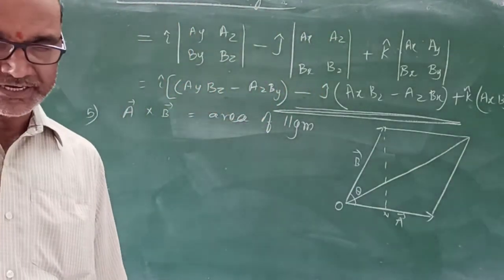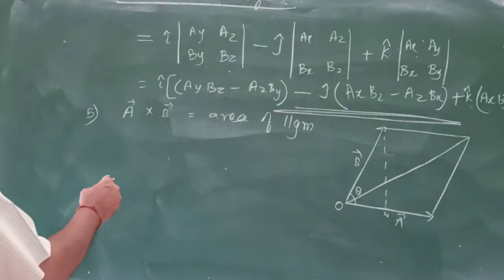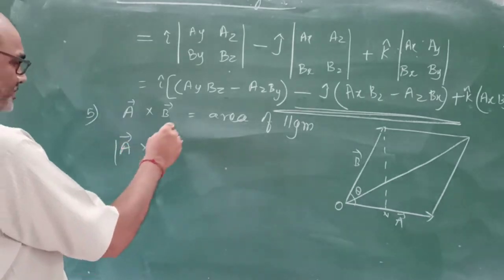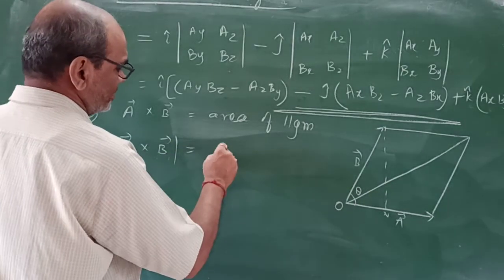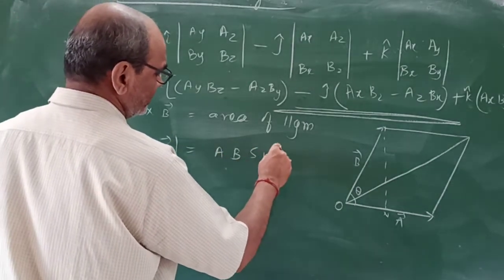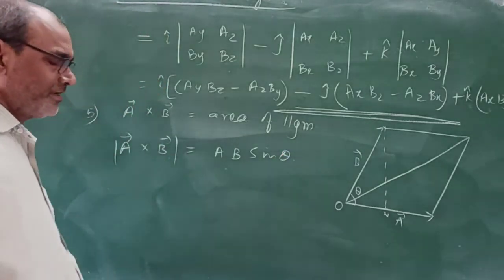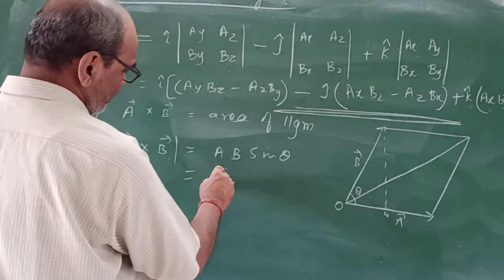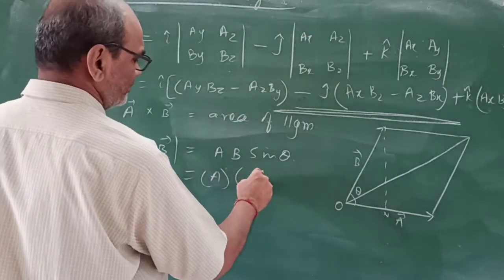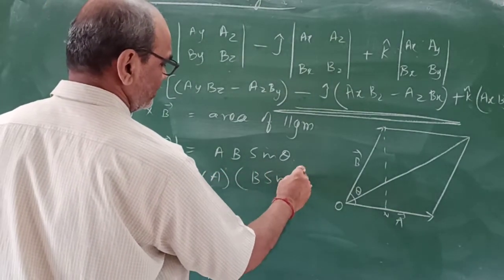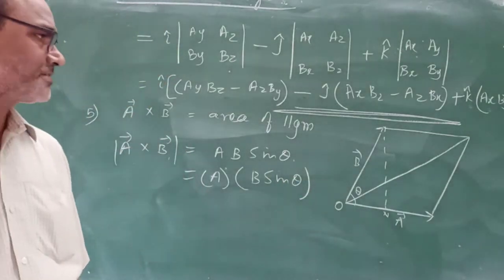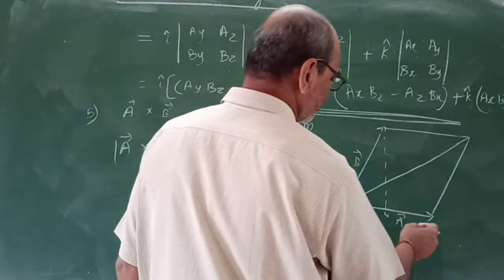Therefore, we write here modulus of A cross B is equal to AB sin theta.